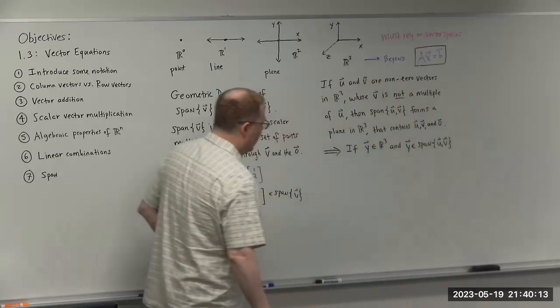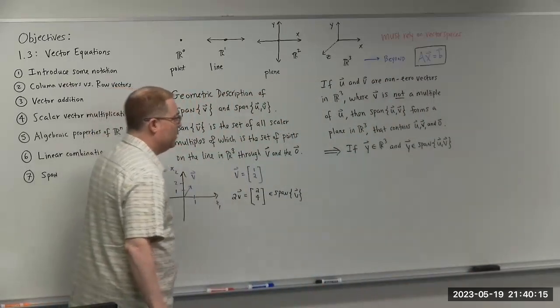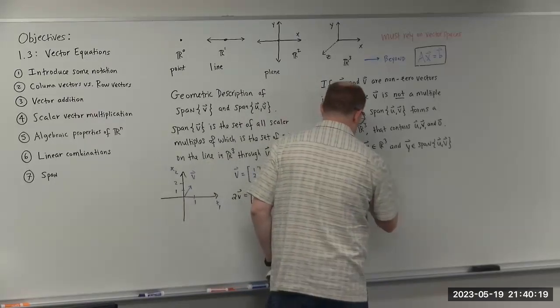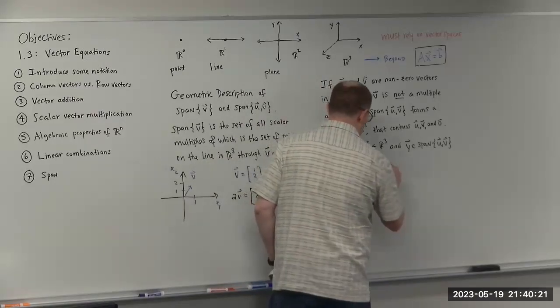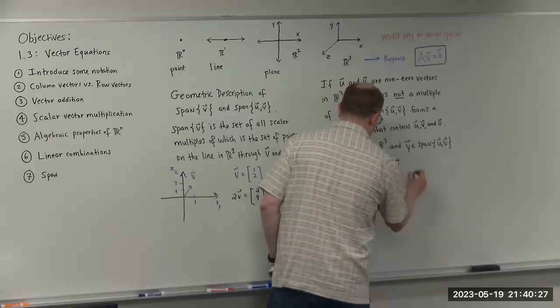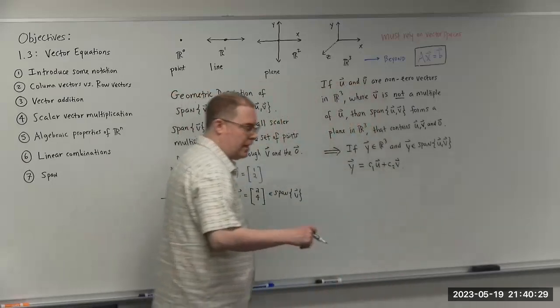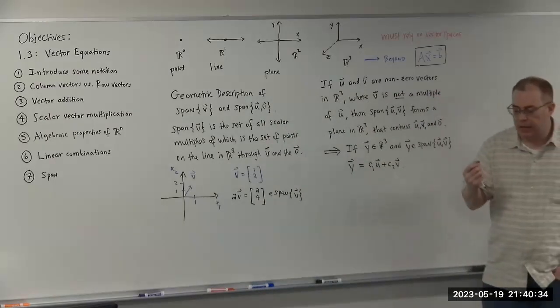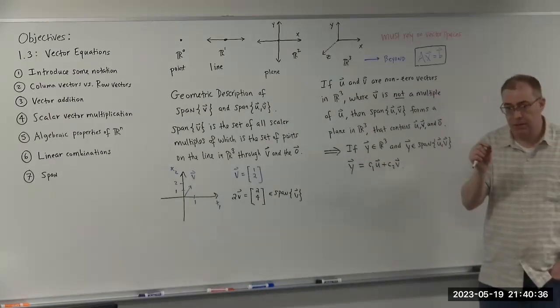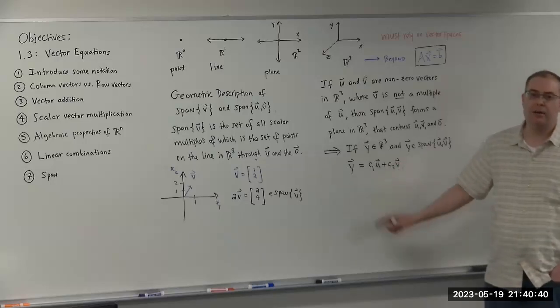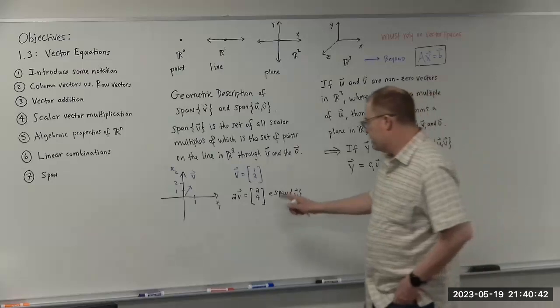If the vector y is in the span of u and v, this just means that y is equal to C1 times u plus C2 times v. From now on, every time I say span, or you read the term span, this is what should come to mind.